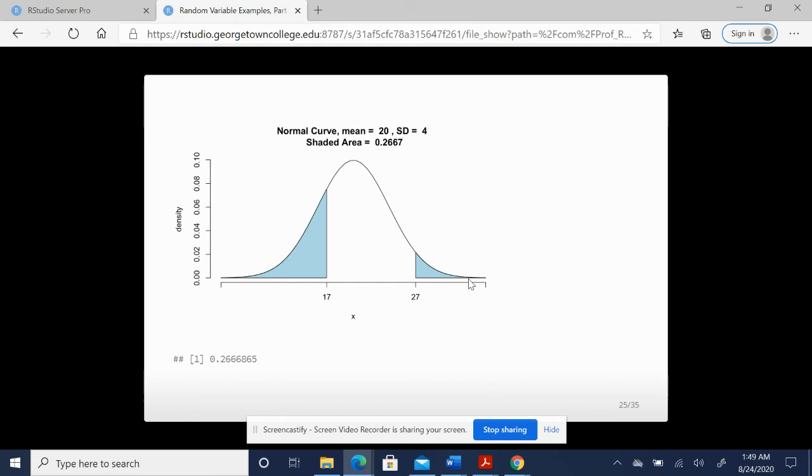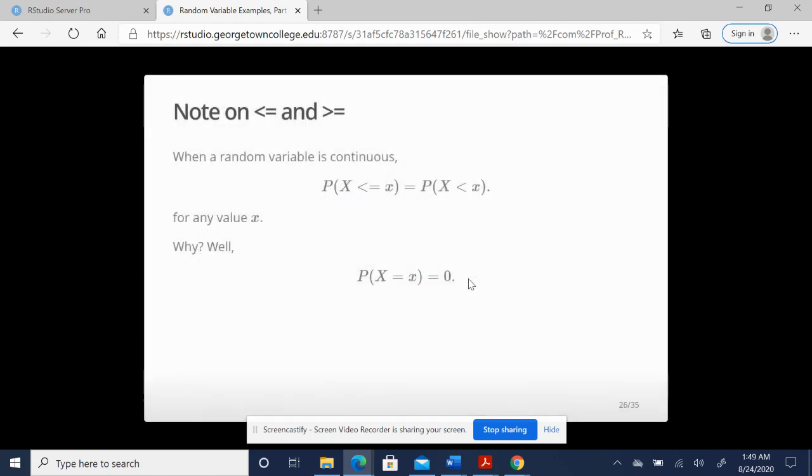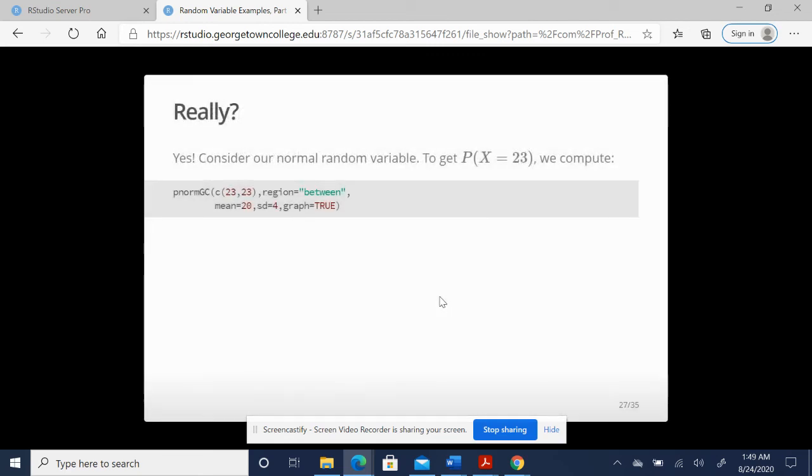0.2667 probability, okay? When a random variable is continuous, okay, the probability that the random variable is equal to a single value is pretty much 0, okay? Now, let's think about that for a second. Consider our normal random variable.